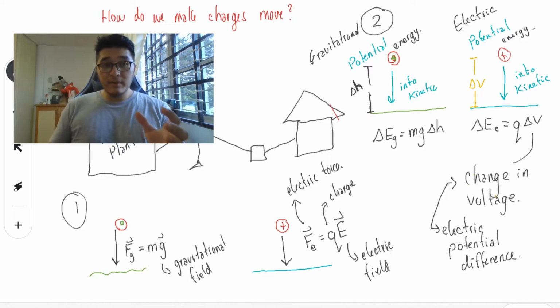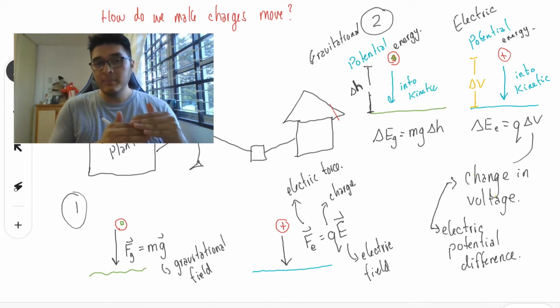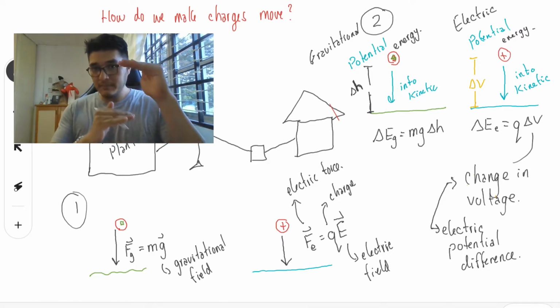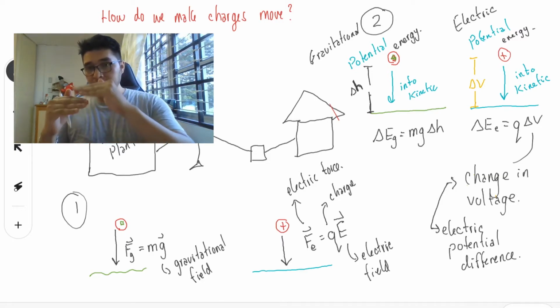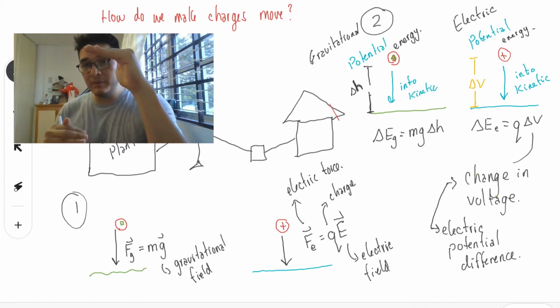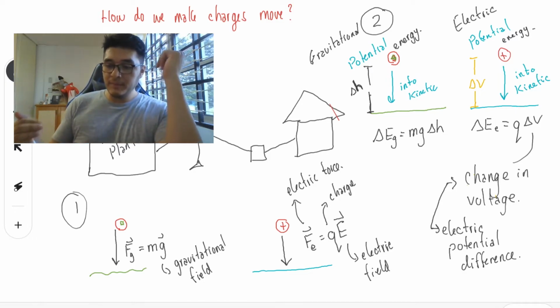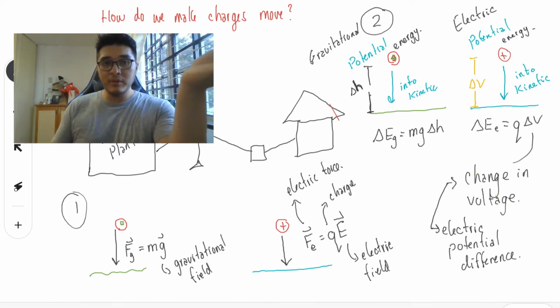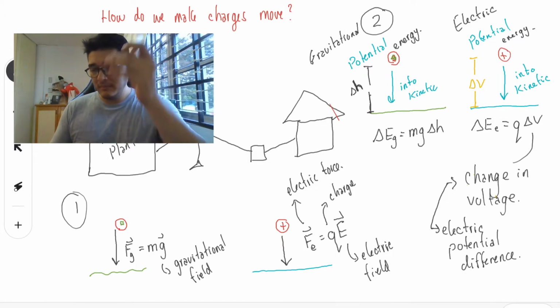So for our apple or tomato, it depends on the change in height. For this charge, it depends on the potential difference. This potential difference is what we call the voltage.